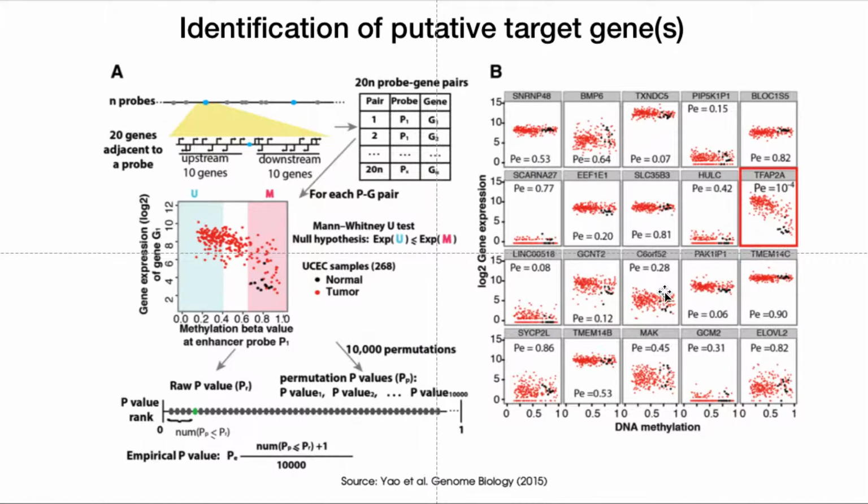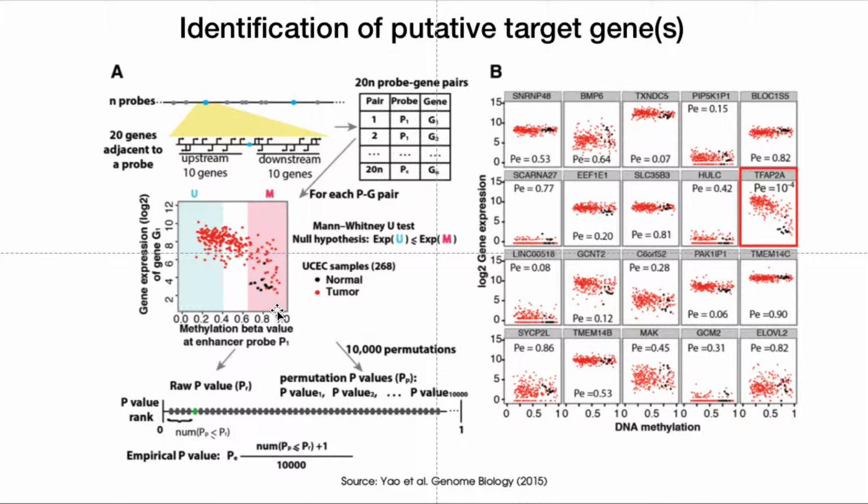We use an FDR of 10 to the minus 3 as default, but the correction is done with a permutation approach. Simply, we change the probe for the gene that we found to be significant, and then we see how many probes would have that anticorrelation pattern.